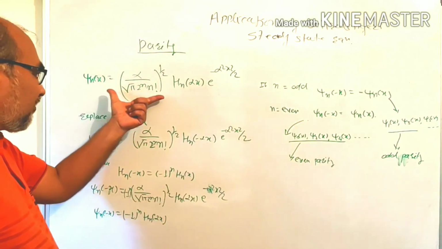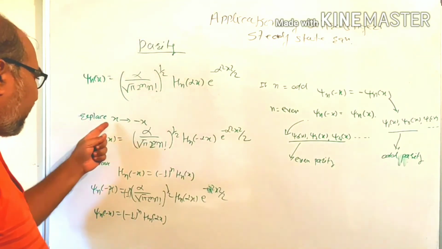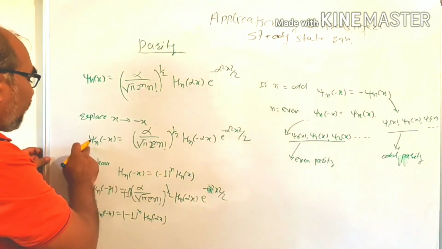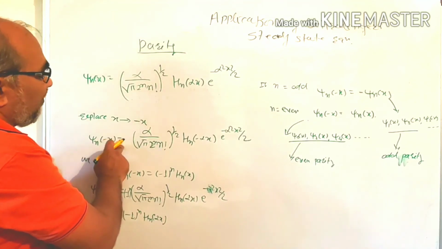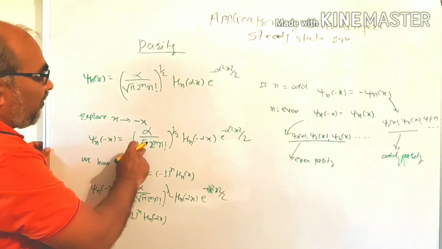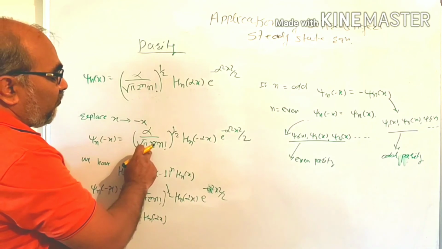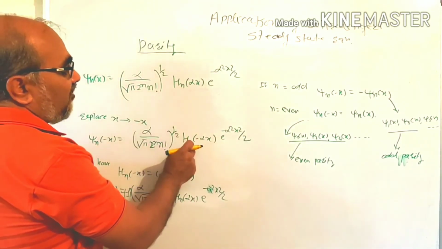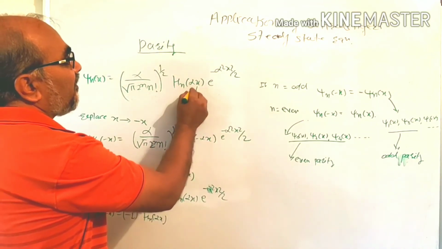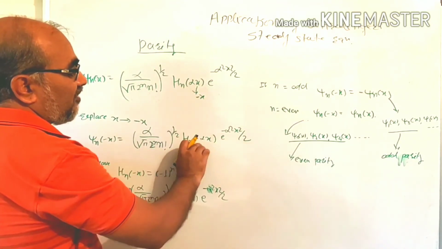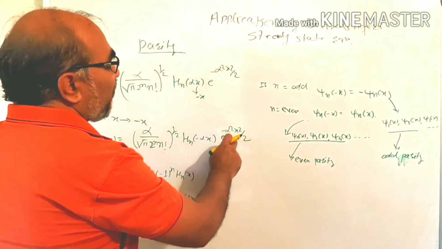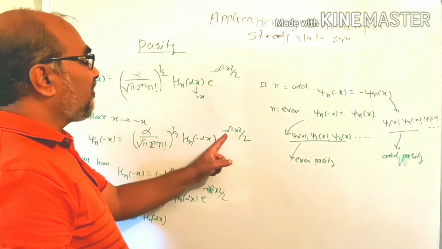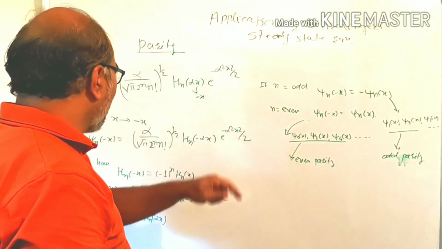Now in this equation, replace x with minus x, and we can write psi of minus x is equal to alpha divided by root pi 2 raised to n factorial. This is constant as it is. In Hn, x is replaced by minus x. In e raised to minus alpha square x square by 2, there is no change.